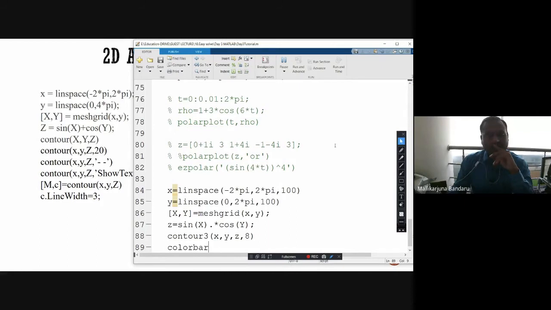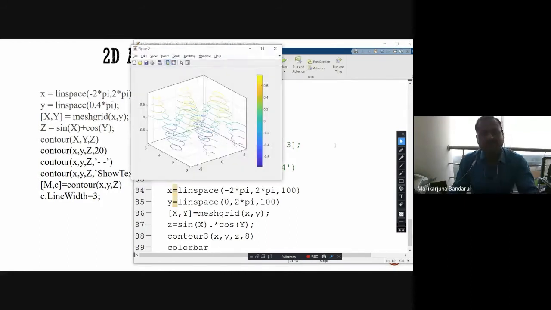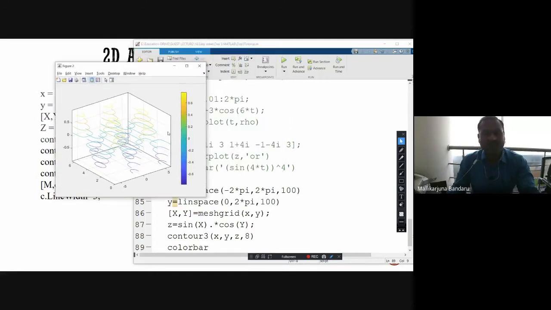I try to visualize three-dimensionally the same behavior and observe here, whatever the color represents. At the same point, that color represents a value of minus 0.6. This yellow color means it is a positive value, about 0.8.